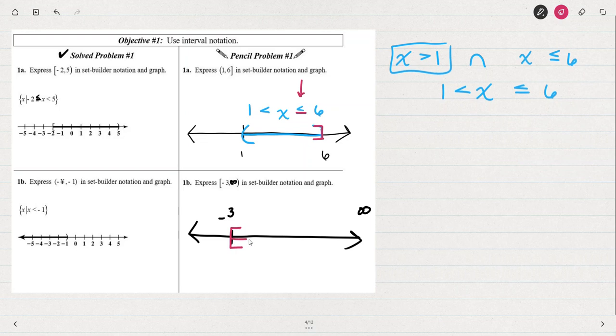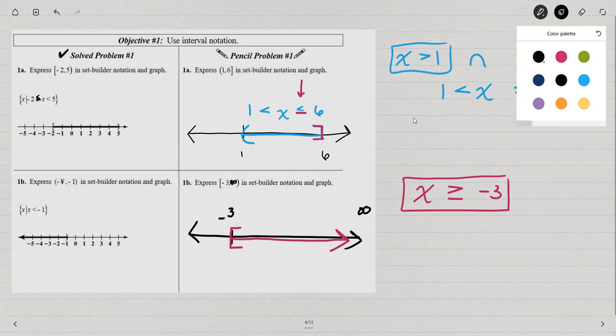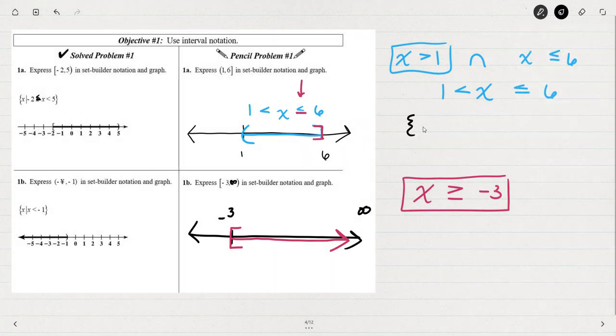So from negative 3 up to positive infinity, it looks like that's all the x's that are greater than or equal to negative 3. Now going back to put these in set builder notation, remember it looks like this. The set of all x's such that 1 is less than x is less than or equal to 6.